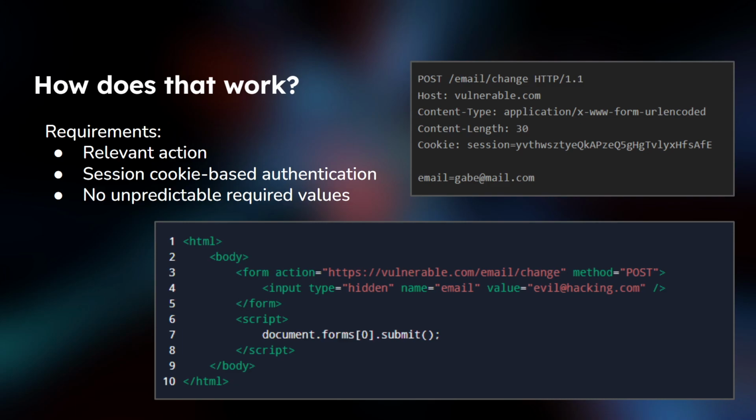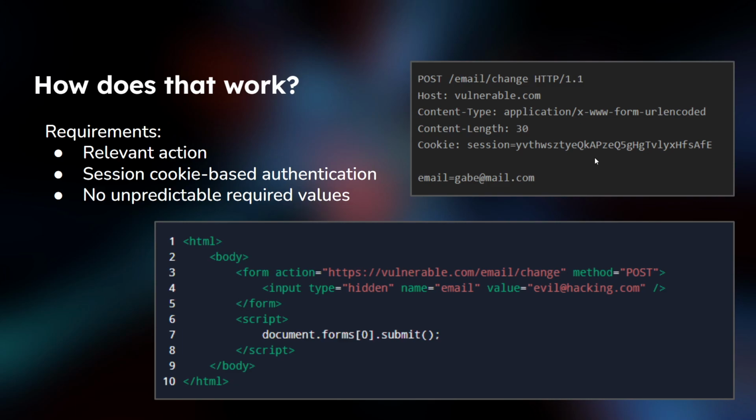So imagine this application, in this POST request right here, is allowing us to change our email by containing this parameter in the body. And it verifies that it's legit with this session cookie right here.